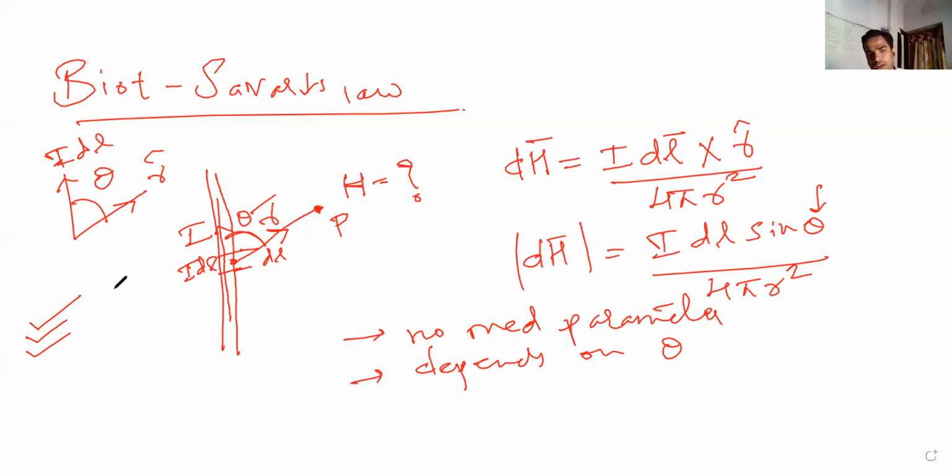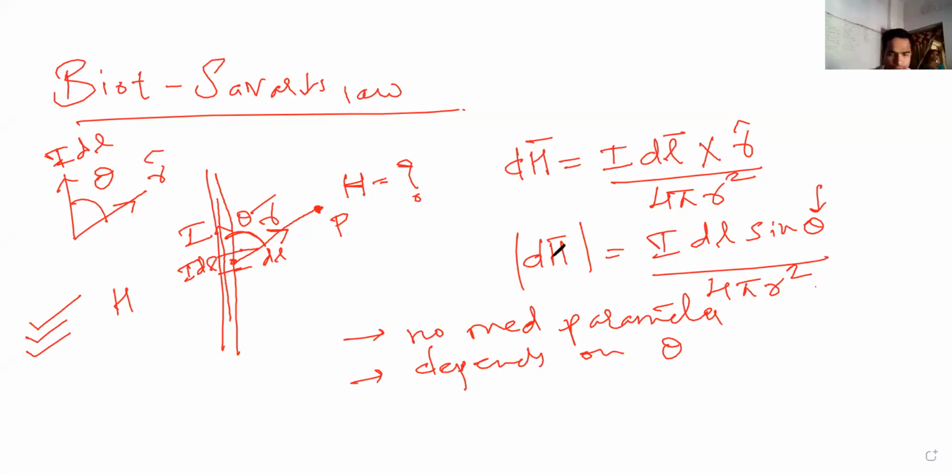Similarly, here we'll calculate H due to different line configurations. So this was Biot-Savart's law. Now we can move towards the application of Biot-Savart's law.